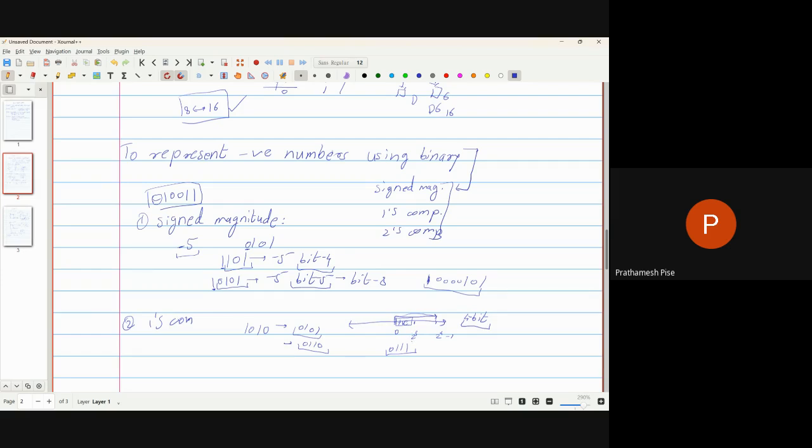And from 2 cube, which will be 1000, from this number onwards in this direction until the last number, we are using this portion to represent negative numbers.